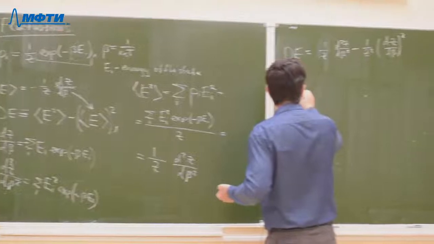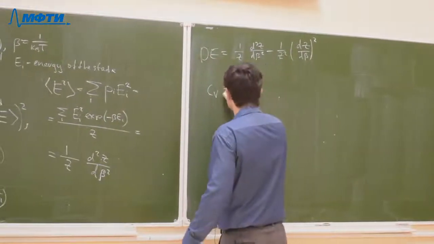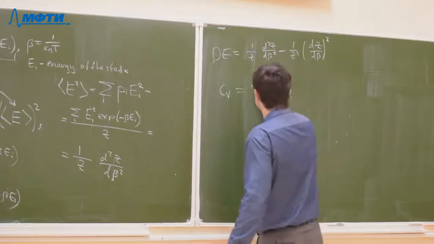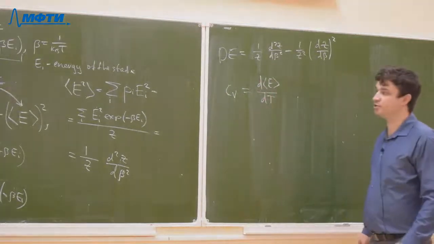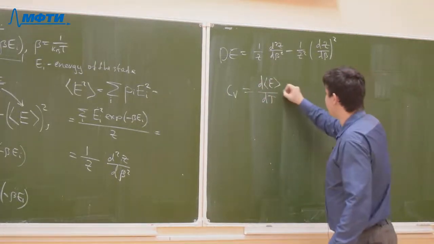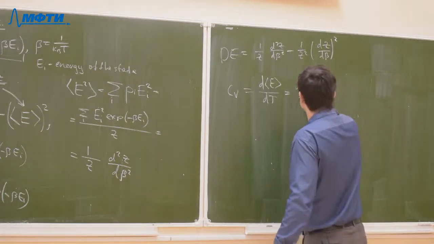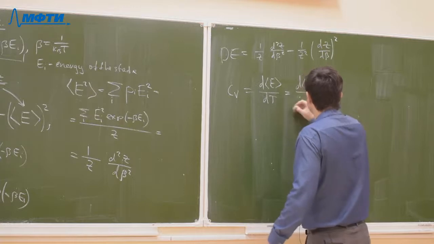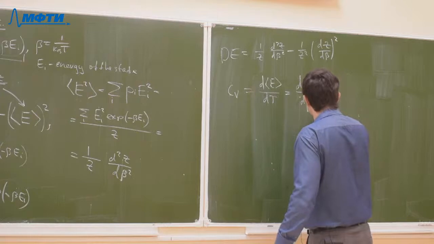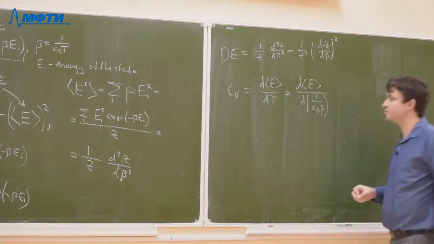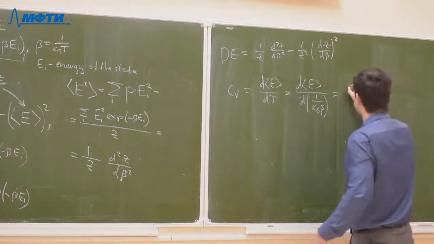So the heat capacity at a constant volume, as usual as we do it in statistical physics, is given by this expression, the derivative of energy over temperature. And we can easily express it through beta. So this. And now we expand these differentials.